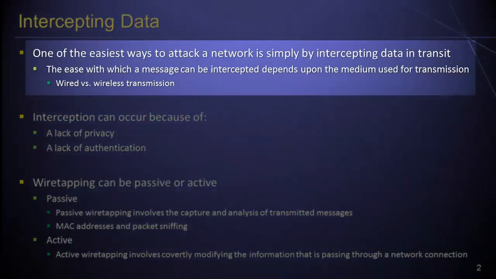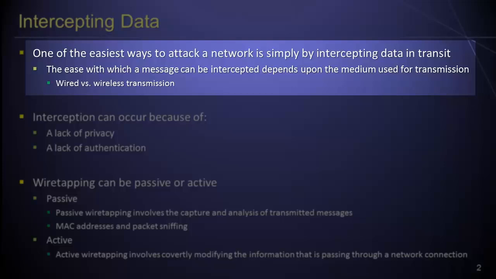One of the easiest ways in which a malicious party can attack a network is simply by intercepting data while they are in transit over the network. The very nature and purpose of computer networks is to enable the transmission of information between nodes, and many possibilities exist through which messages can be captured or manipulated while in transit.